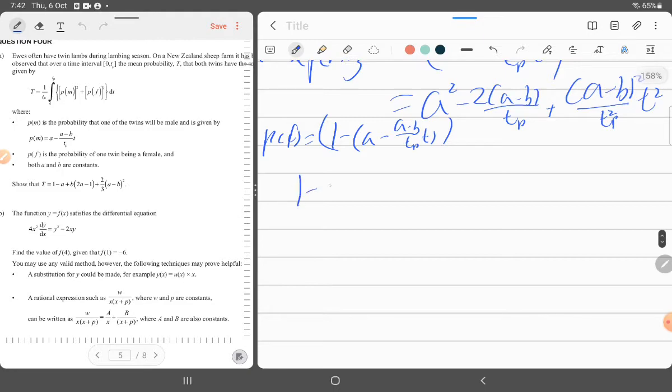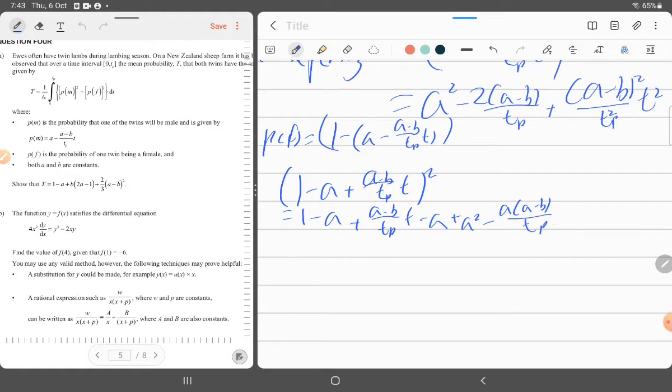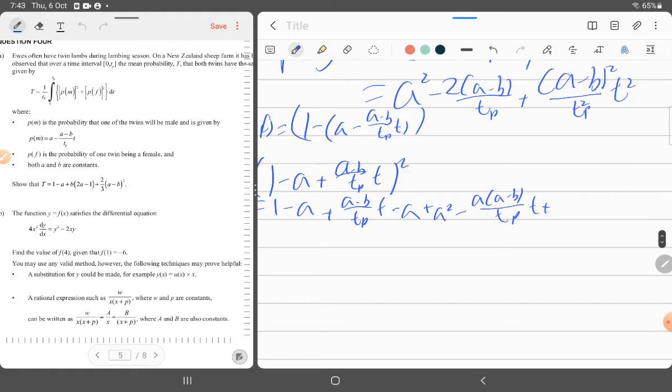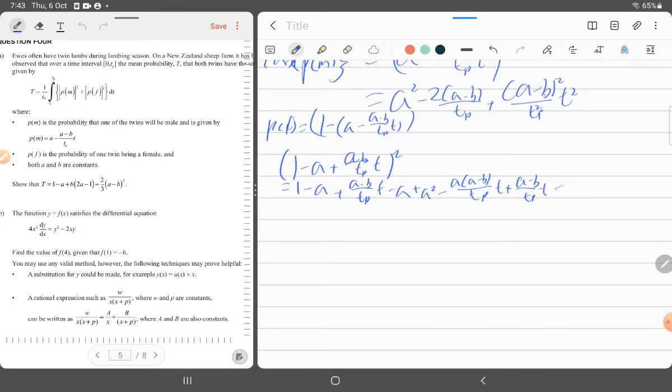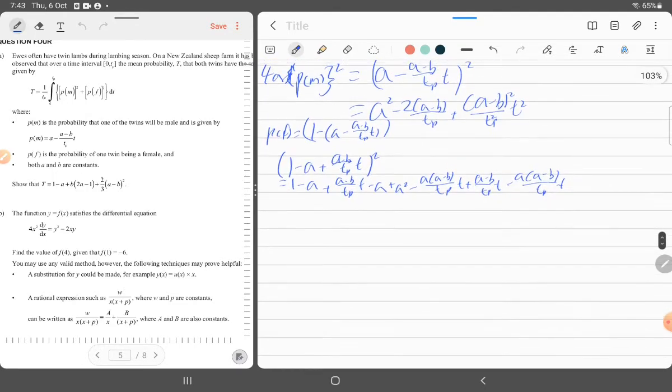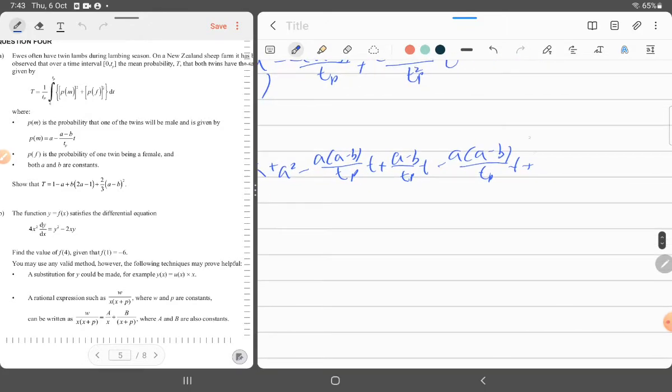If we square that, 1 minus A plus A minus B over TP t, all squared, which expands with the terms in A, A minus B over TP t, and plus A minus B all squared over TP squared t squared.